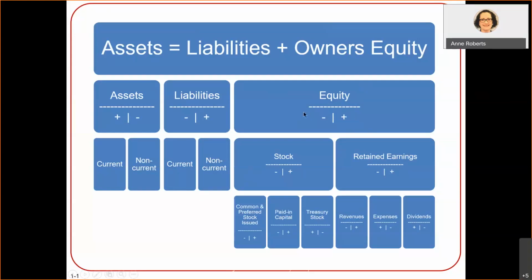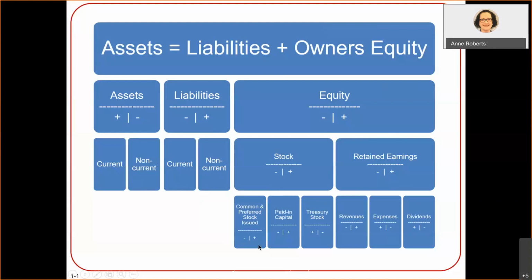The equity section of the balance sheet is a little bit more challenging because it's got so many pieces to it. So watch how these pieces fit together. We've got equity in general. Equity is made up of two big pieces: we've got stock and we've got retained earnings. Within the stock realm, the one that we're going to deal with in this class is common stock.